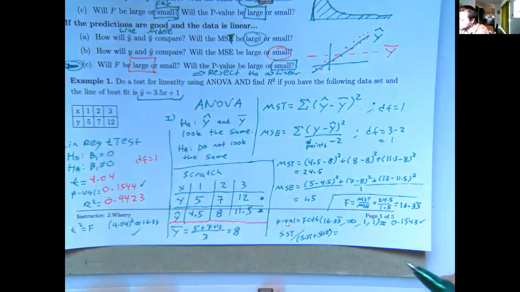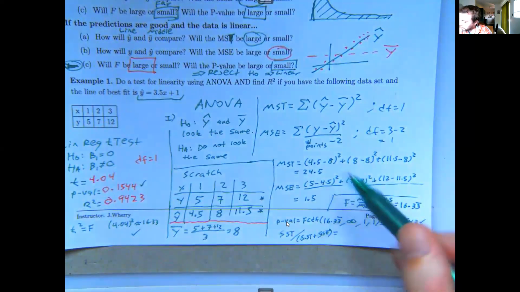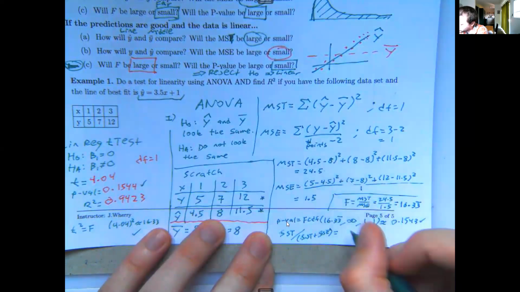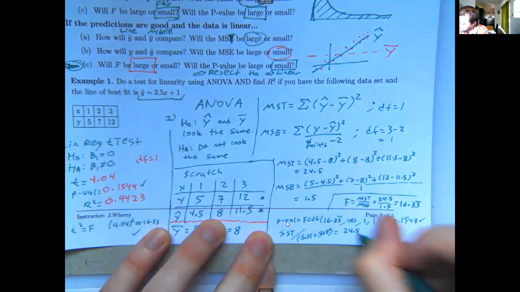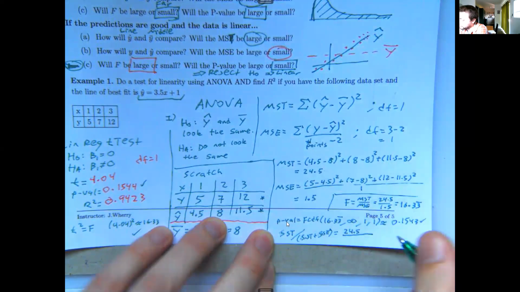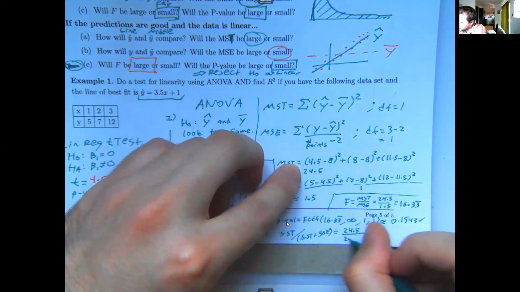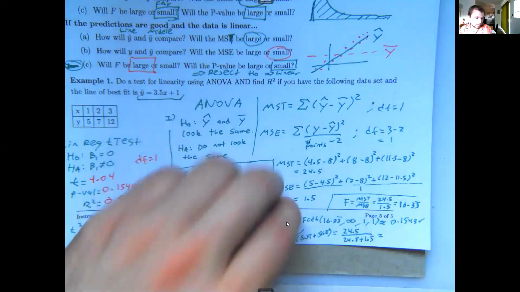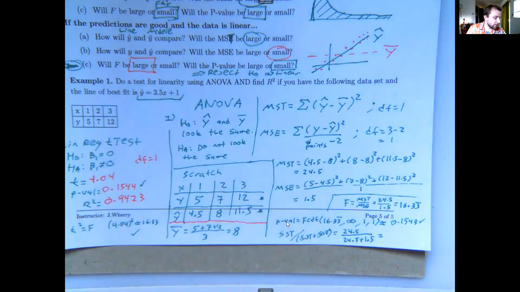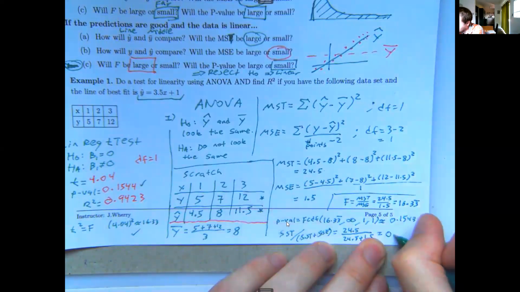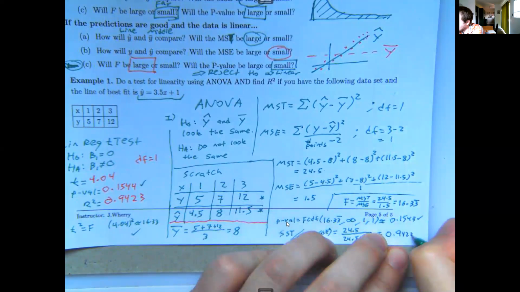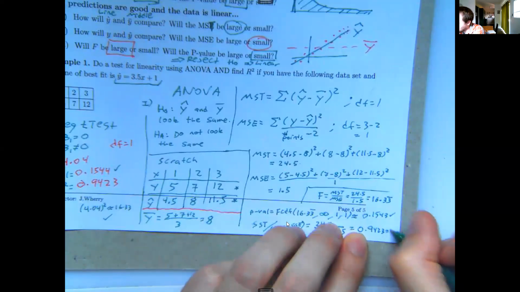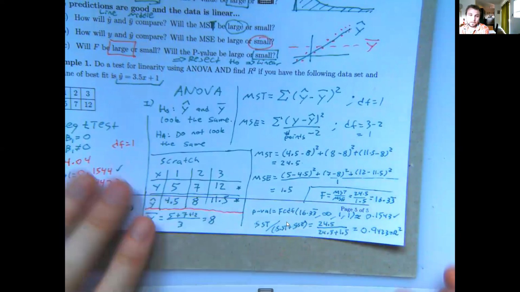The SST, the amount I'm getting from my treatments, is 24.5. And the total amount of variation I had was 24.5 and 1.5 was 26. Taking 24.5 divided by 26 gives me 0.9423. This gives me my R squared.